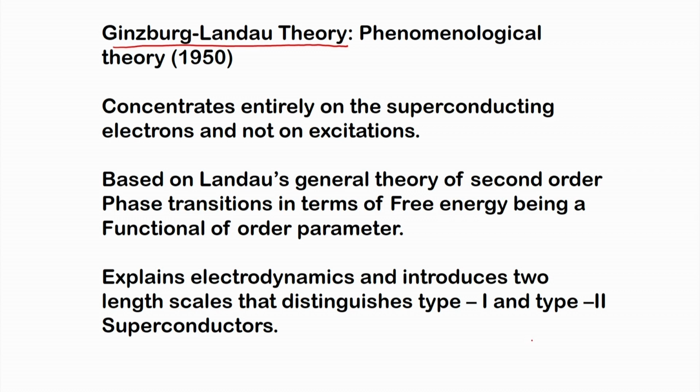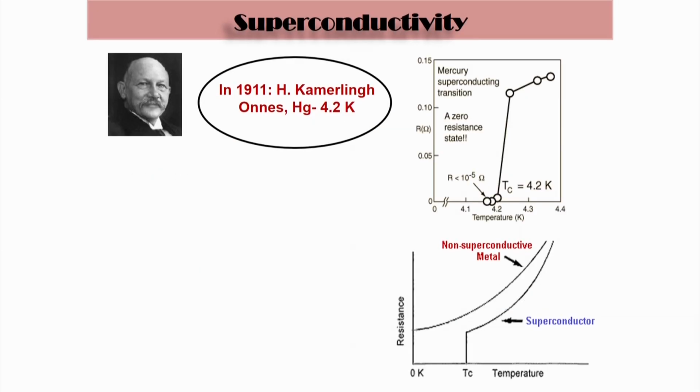We will see what type 1 and type 2 superconductors are. Broadly, all these conventional superconductors which were discovered before 1986 can be plugged into one or the other type of superconductors. So, let us go to a slightly more elaborate discussion of superconductivity.